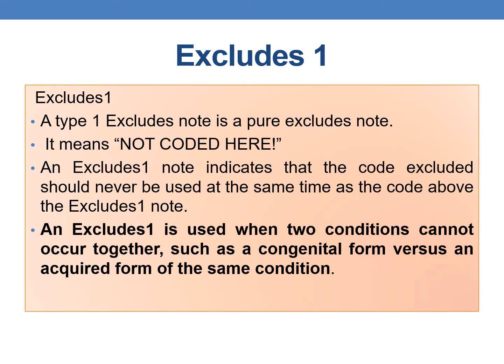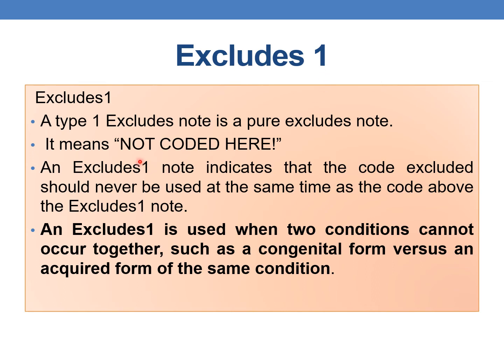Now coming to excludes 1. A type of excludes note is a pure excludes 1 note. That means it means not coded here. Whenever you find excludes 1 under a code, you have to consider that those two codes should not be coded together.